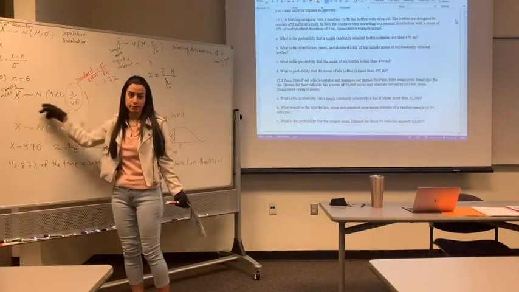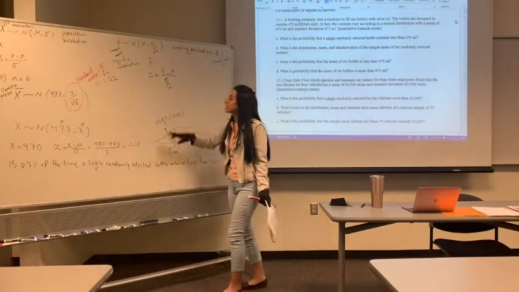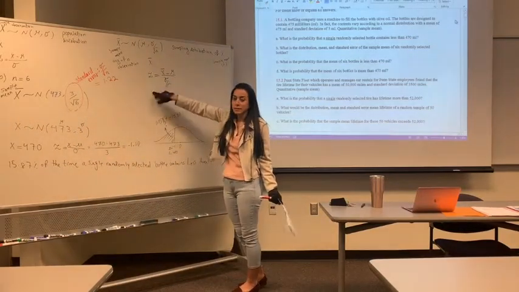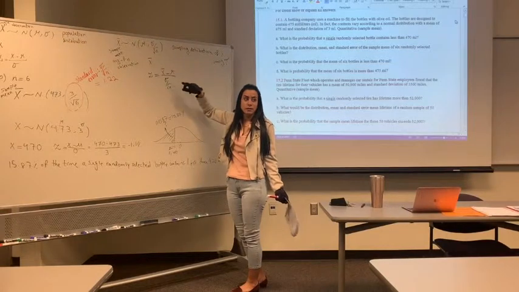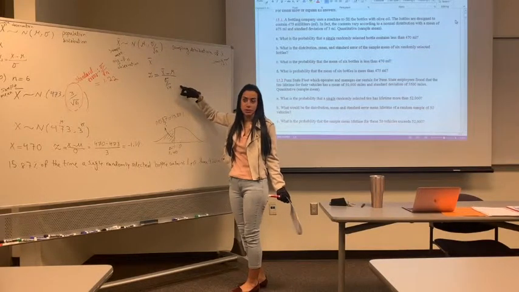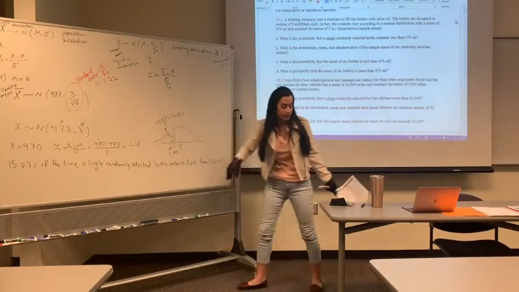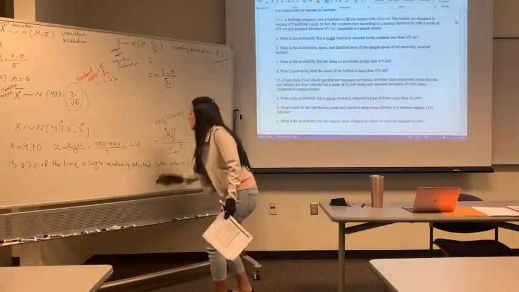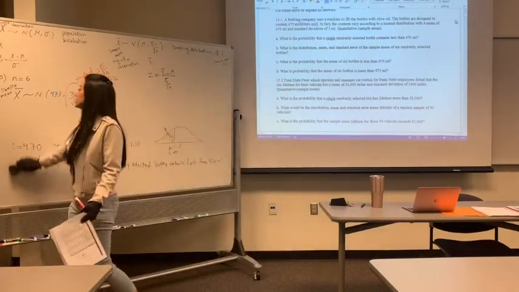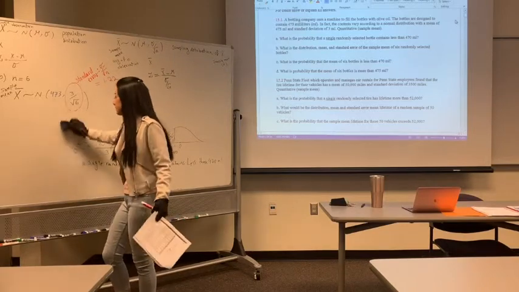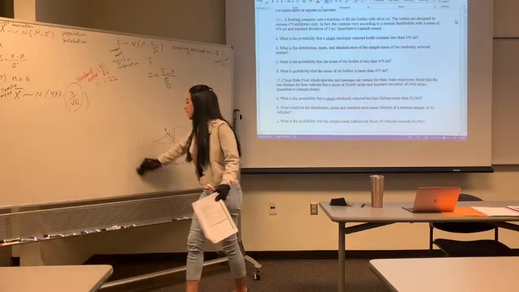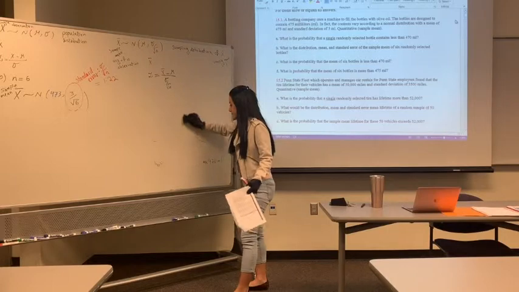So we need this first of all. Second, we need this z. We should know how the z value will change if we are talking about xbar. So I'm going to use this information to answer part C.